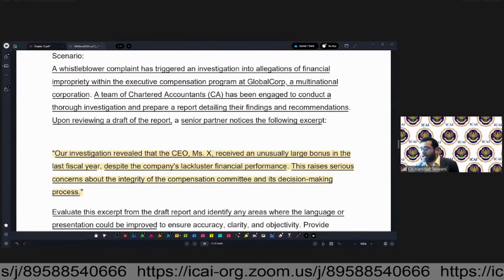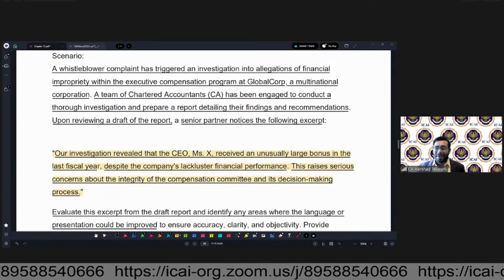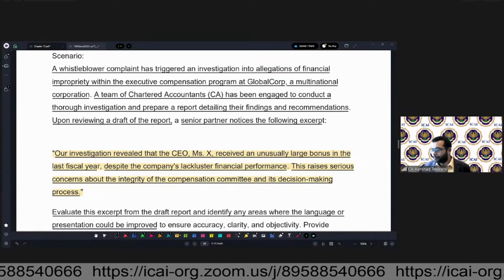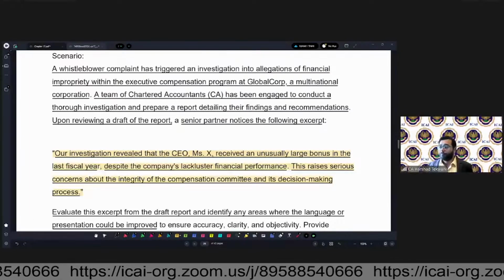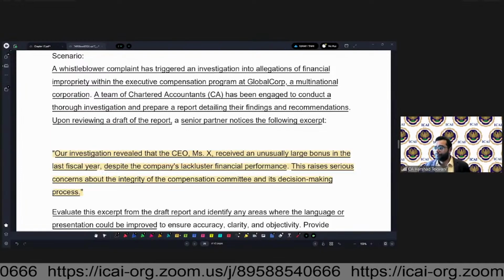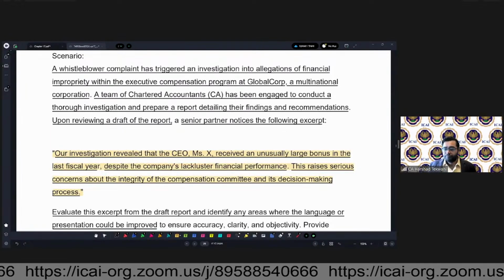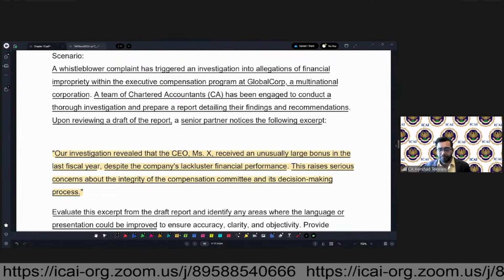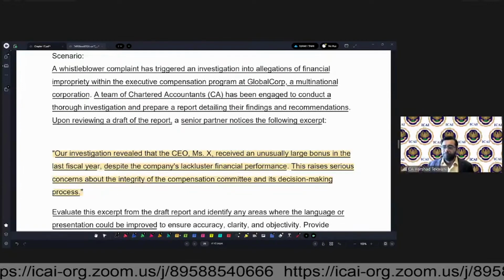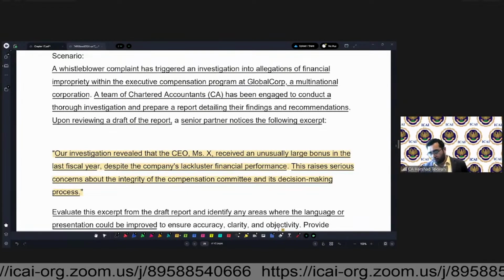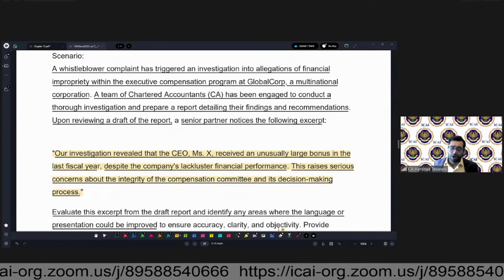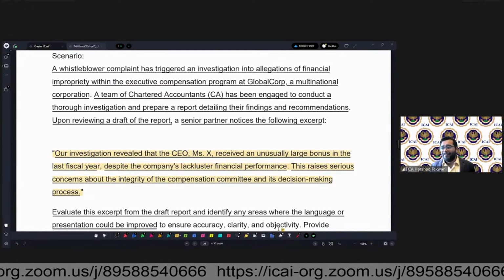What do you think could be improved in this particular paragraph? Come on, guys. Very good. Yes. Good, Abrakesh. Anyone else?